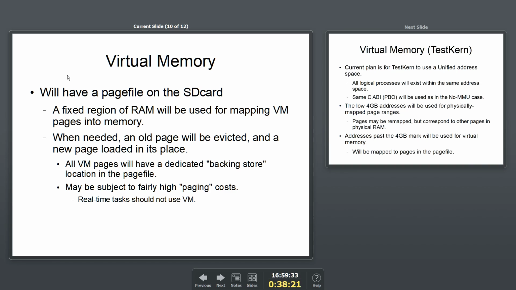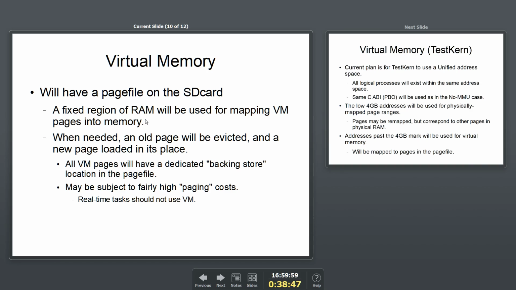So yeah, there will be a virtual memory subsystem, and there will be a page file on the SD card, which, as noted, well, people should probably know what a page file does. A fixed region of RAM will be used for mapping VM pages into memory.